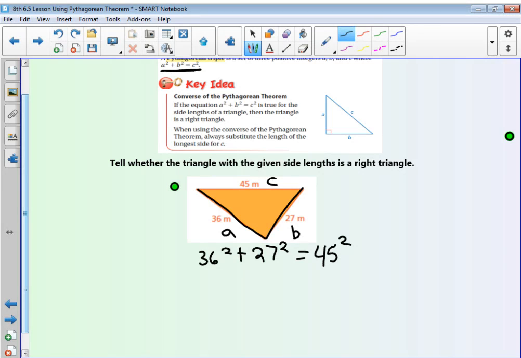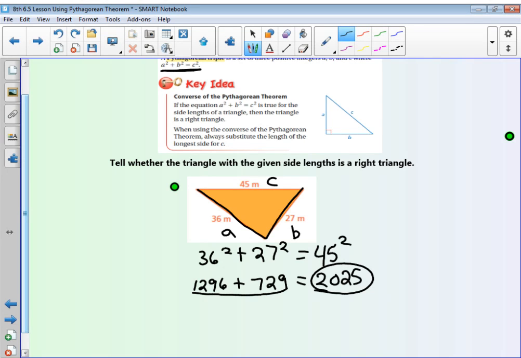When I do my 36 squared, that gives me 1,296, plus my 27 squared gives me 729. And then my 45 squared gives me 2,025. So I need to see, does this side equal the 2,025?